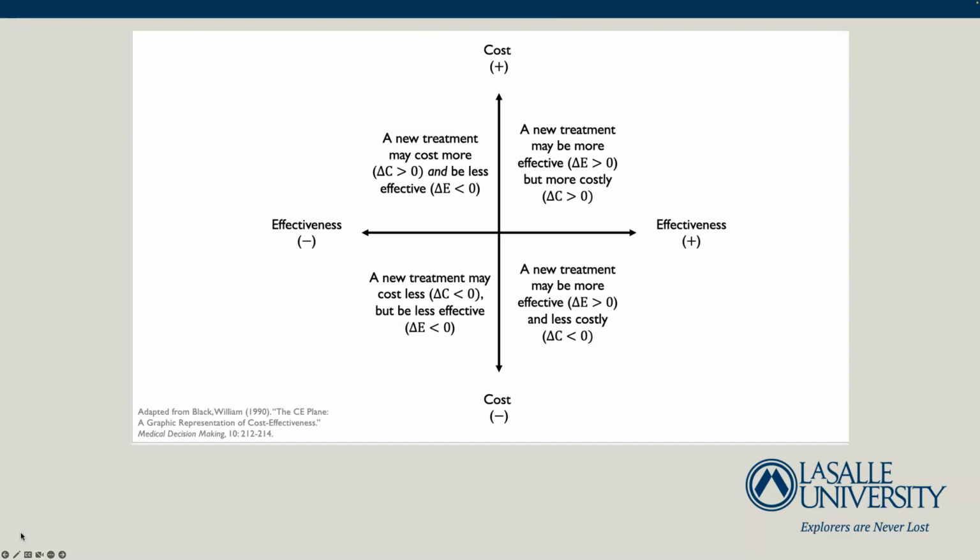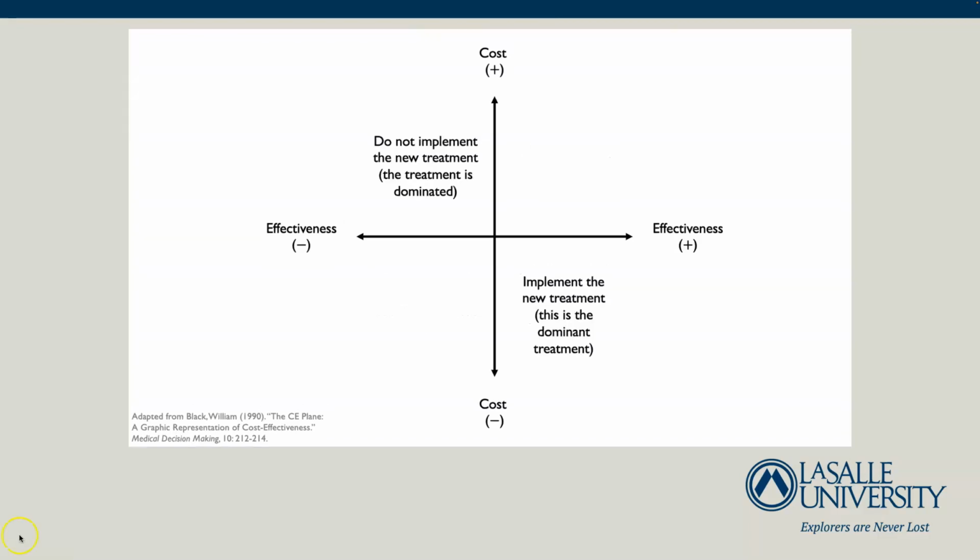So cost-saving treatments should be implemented, and treatments that are more costly and have reduced benefits should not be implemented. But what about treatments that are more effective but also more costly, or treatments that are less expensive but also less effective? That's something we'll be considering using the incremental cost effectiveness ratio.